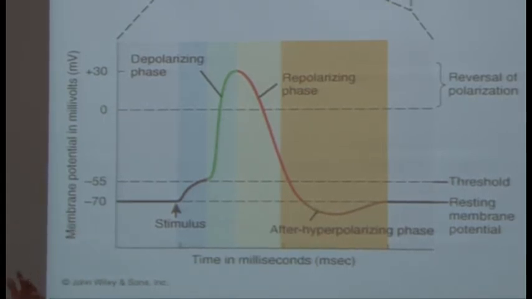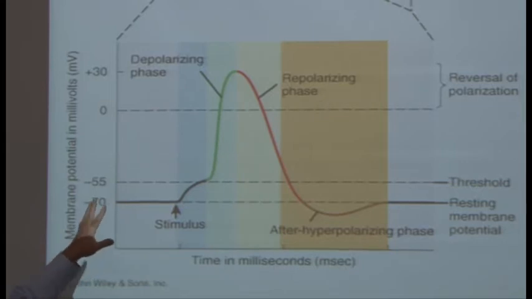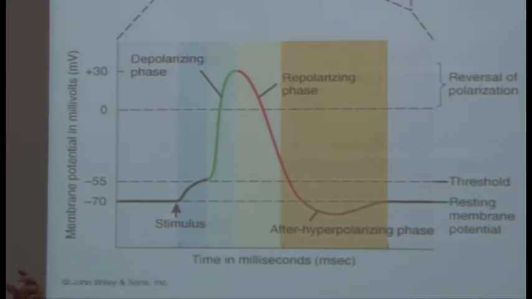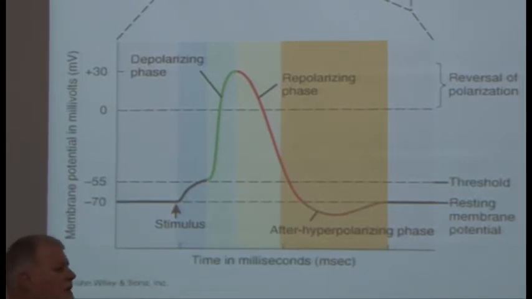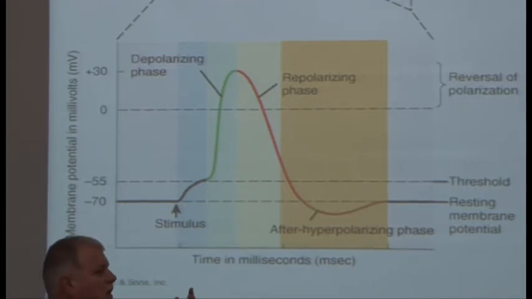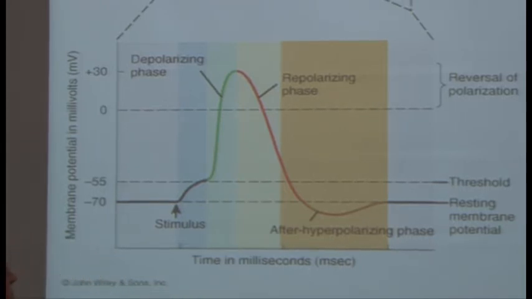Now there are a couple of ideas inherent in what's going on here that are going to become more important when we look at neurons in the next unit, and not quite as important with skeletal muscle physiology.